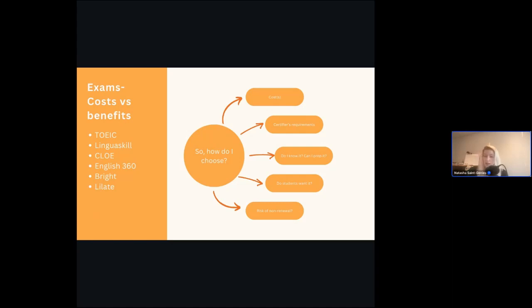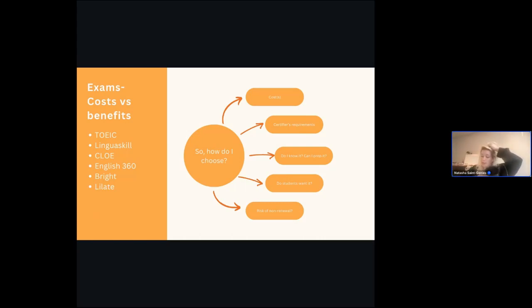After that, LinguaSkill. I'm still going to talk about LinguaSkill, even though you can't use them to be on the CPF funding anymore. It's not a bad exam. I think it's a good exam. The person will start answering questions and it adapts itself. So if it sees that the person's not going to get past A2, it'll keep the questions at that level, or it'll keep showing them more complicated questions.